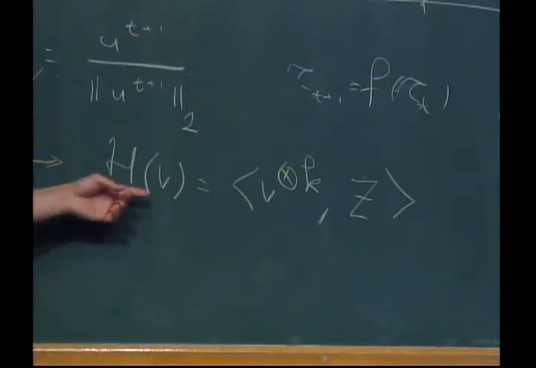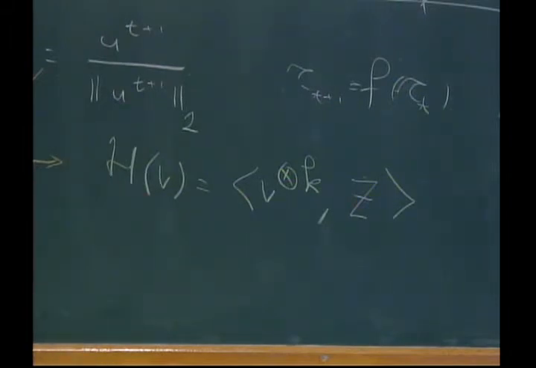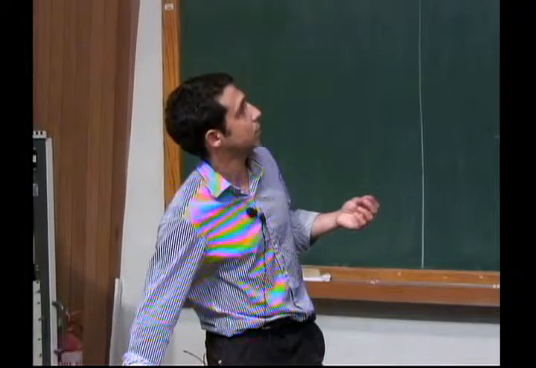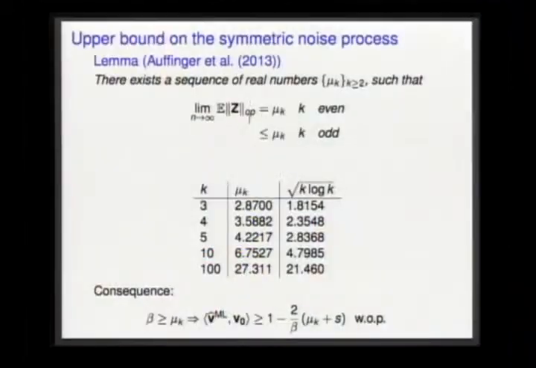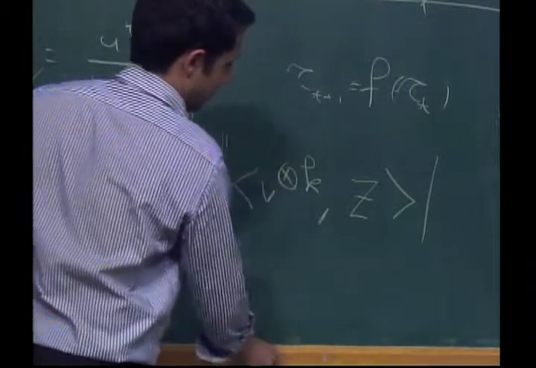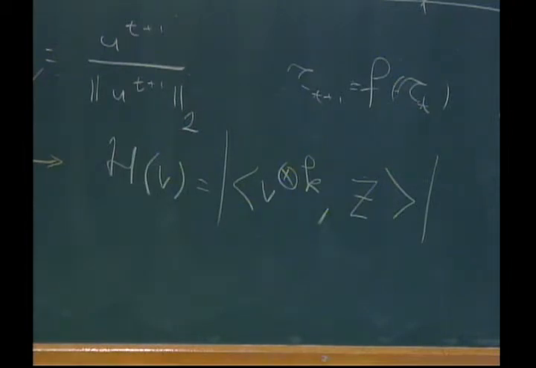They state that this function has exponentially many local maxima in terms of the variable v, and they know what the expected value of the maximum of this function is. If I put the absolute value, it's going to be what we call here the operator norm of the tensor.